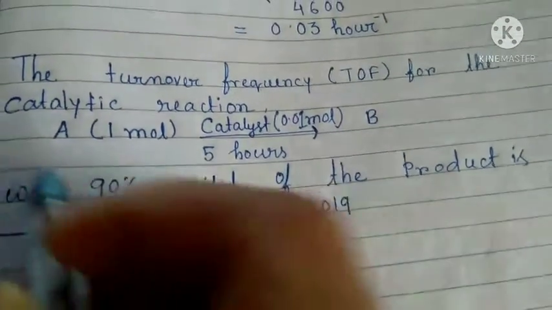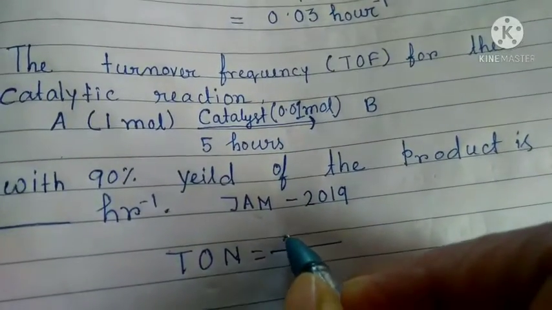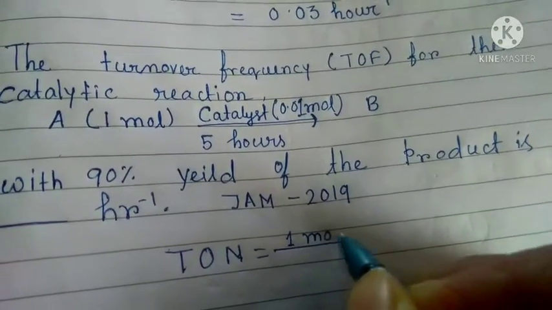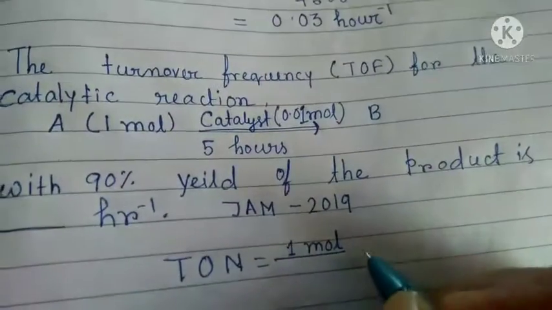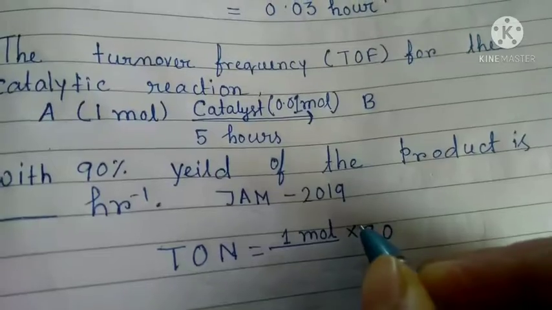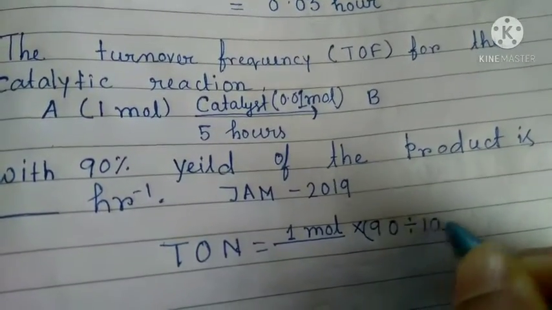So here the concentration of the substrate, meaning the reactant, is 1 mole, and the amount that converted into product is 90 by 100, 90%.